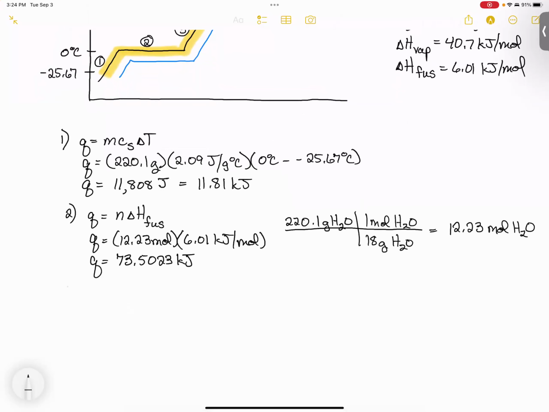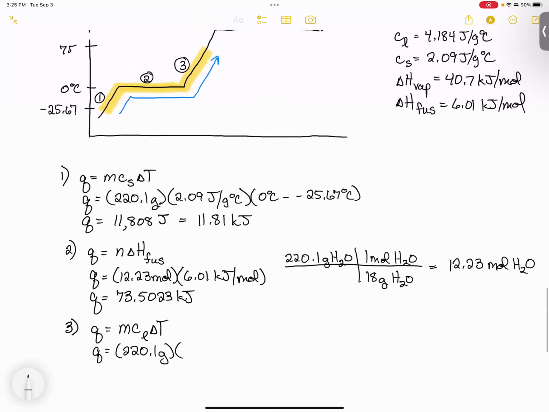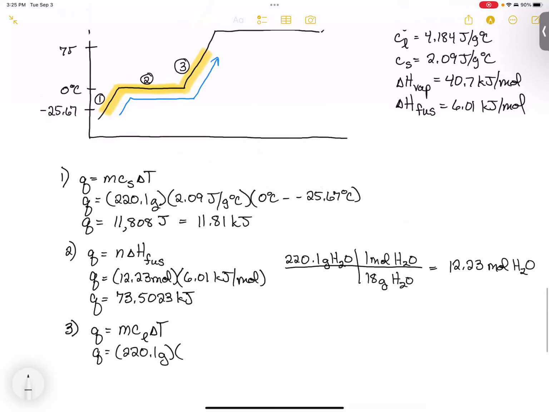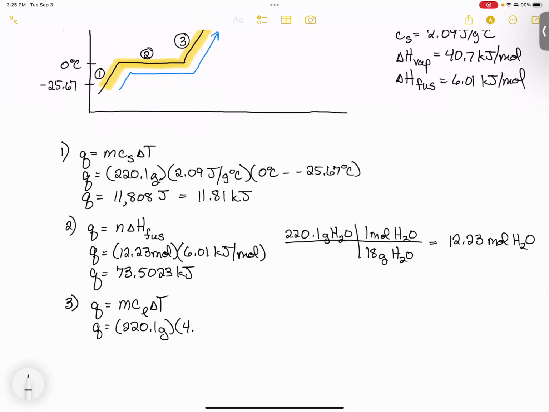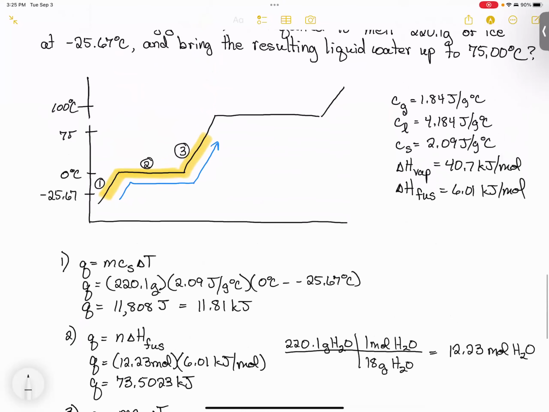Section 3. Again, we're using Q is equal to mcΔT, but this time we're in the liquid phase. And so it's the specific heat of the liquid times the change in temperature. So Q is equal to 220.1 grams times the specific heat of the liquid, which is 4.184 joules per gram degree Celsius, times T final.